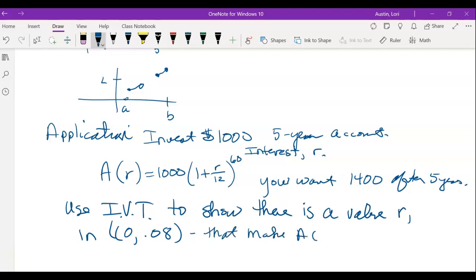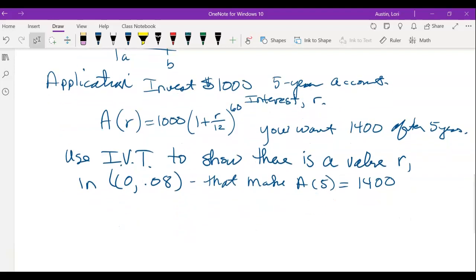That makes A sub R equal 1,400. So in order to do this, all you have to really do is think about the graph we did and say, all right, all I need to show is that 1,400 falls somewhere between A sub 0 and A sub 0.08.